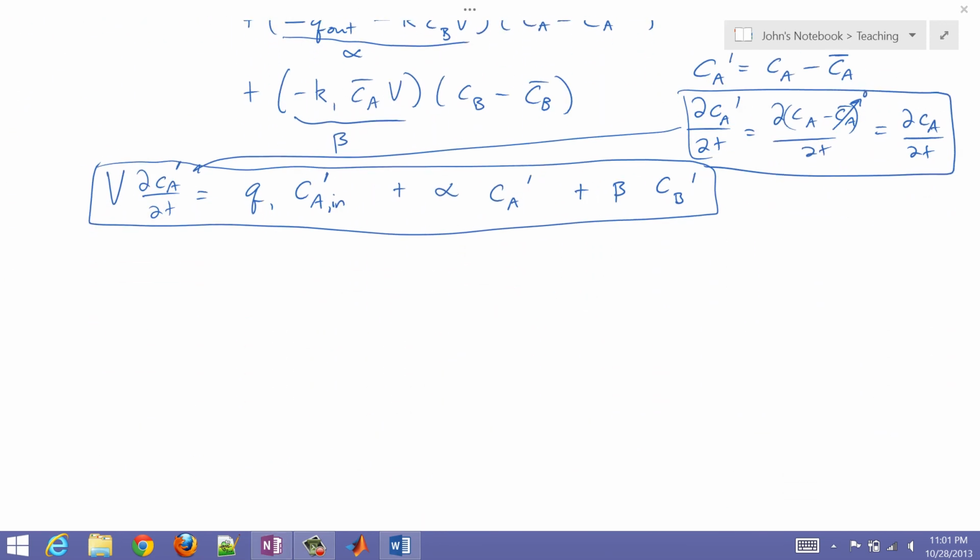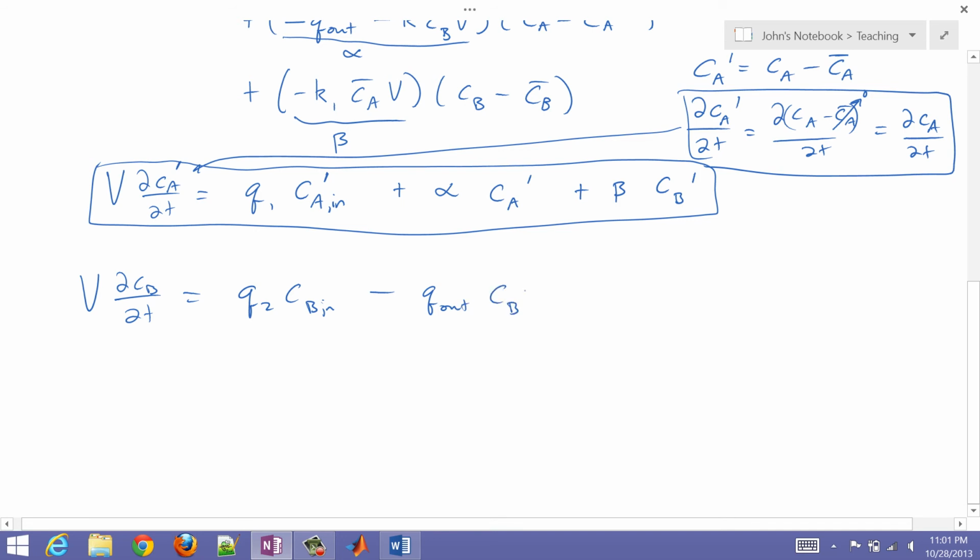Let me write it out here just in case we forget some of that. dCB/dt equals Q2 CB in, and then we have minus Q out CB, and then we have minus K1 CA CB times V.